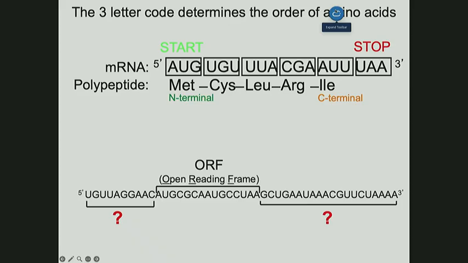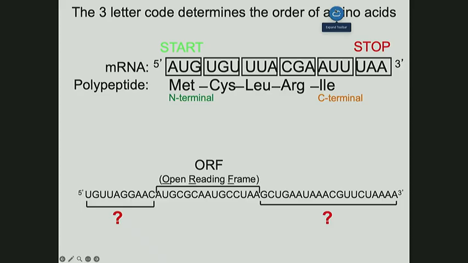For most messenger RNAs, the first 3 nucleotides are not going to be AUG. You're not going to immediately start translating. As you'll see, the ribosome actually will start scanning from the 5' end until it finds the first AUG, and only then is the open reading frame set to be read in the next groups of 3 until the end.